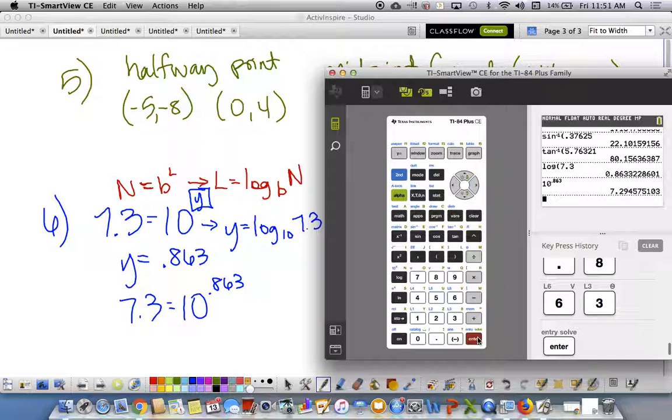Could we write the second part of that one with a base of e? So instead of a 10 there, could we write it with an e? Yes.